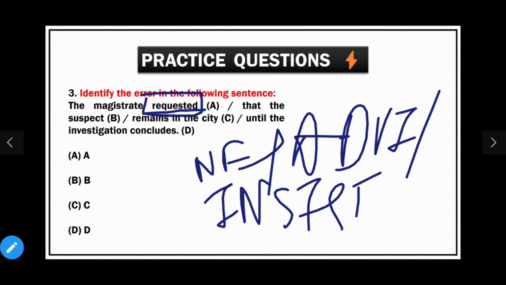So we can say here the main verb is "remains." "Remains" is not written in base form. If it's in base form, then it will be "remain" only instead of "remains."